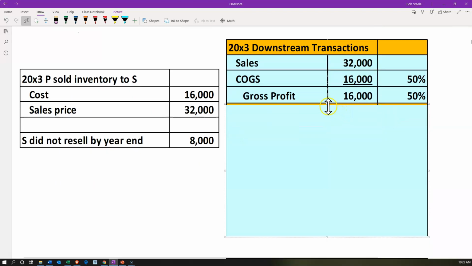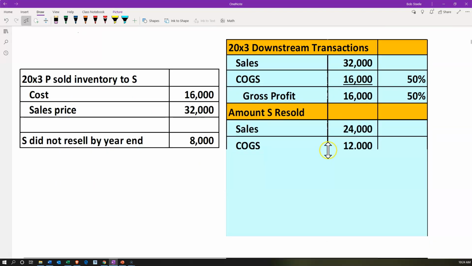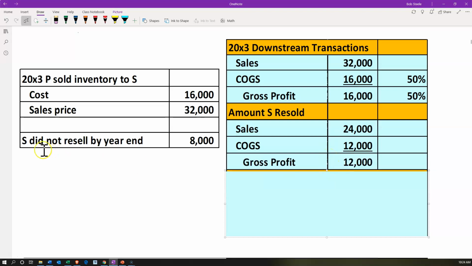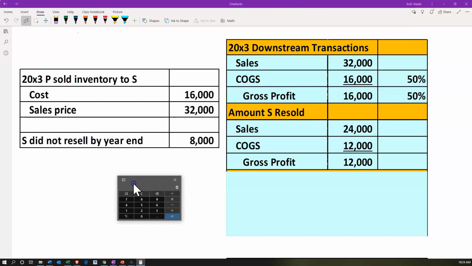Then we're going to be considering the amount that was resold. Now, with the amount that was resold here, S did not sell 8,000. So that means you have to do a subtraction problem to figure out the amount that was resold. So let's pull out the trusty calculator here. We're going to say that we had the 32,000 minus the 8,000, and that's going to give us our 24.